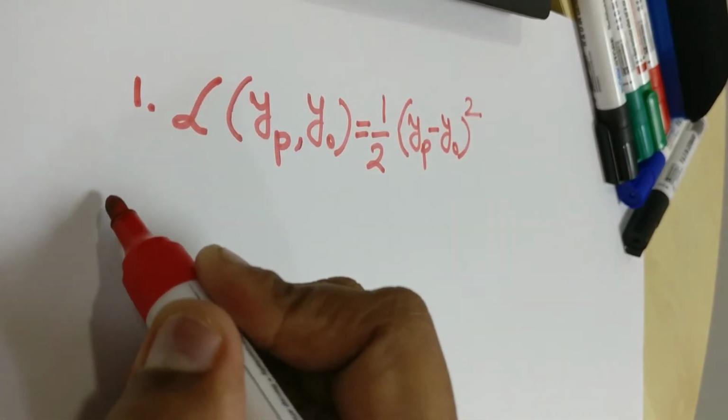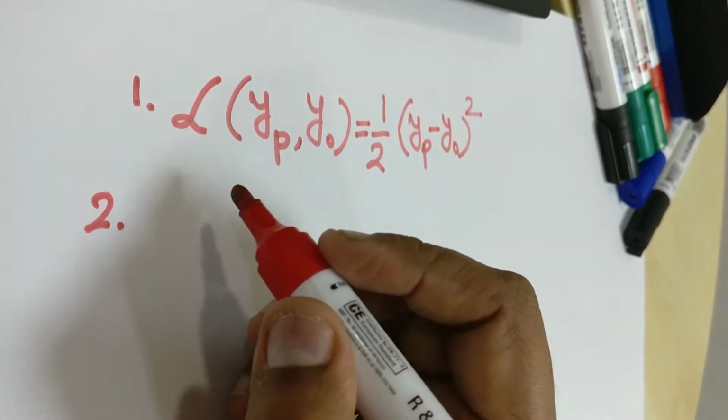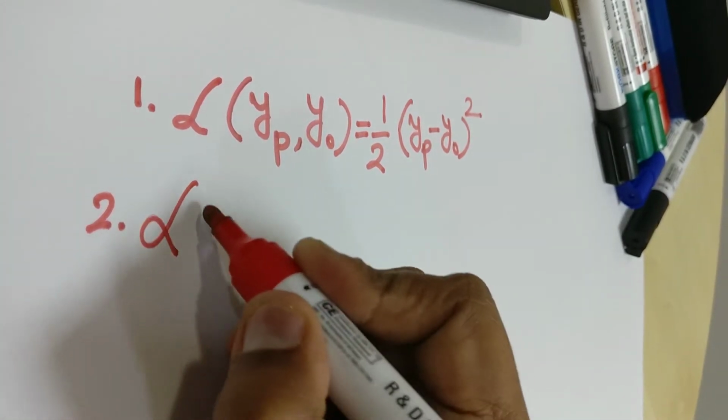And the second loss function is a bit cumbersome looking, but it's actually not.